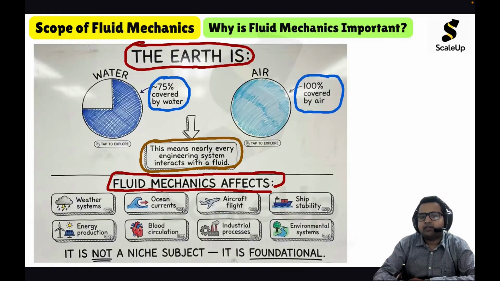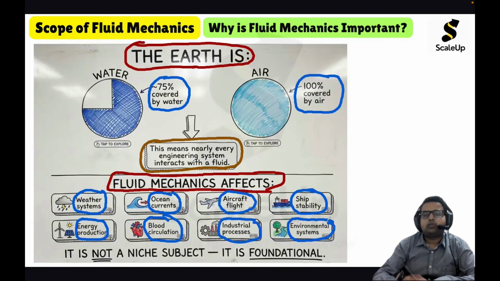Fluid mechanics affects weather systems, ocean currents, aircraft flight, ship stability, energy production, blood circulation, industrial processes, and environmental systems. In all these areas, fluid mechanics has a role to play.